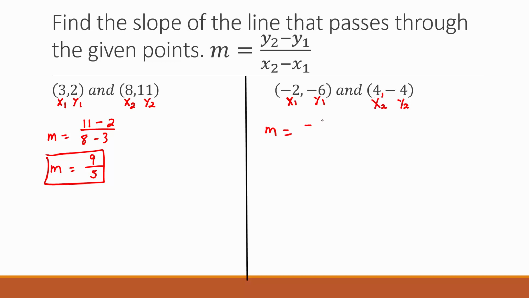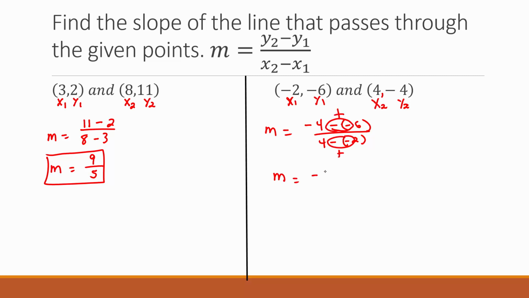So negative 4 minus negative 6 over, then subtract the x coordinates for your denominator, 4 minus negative 2. Now remember, minus a negative makes plus.